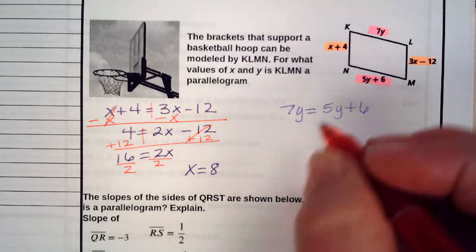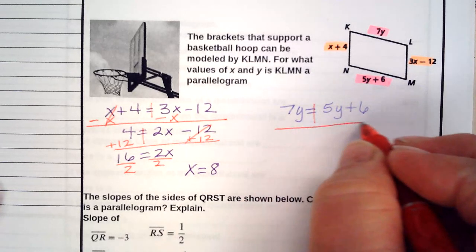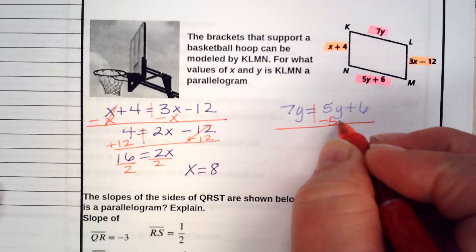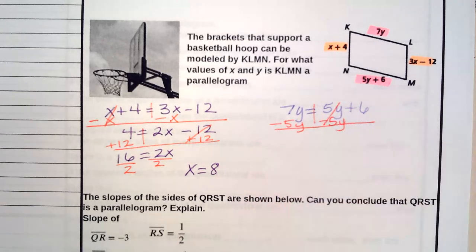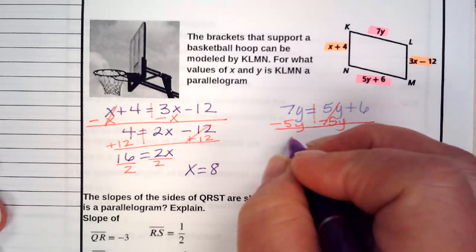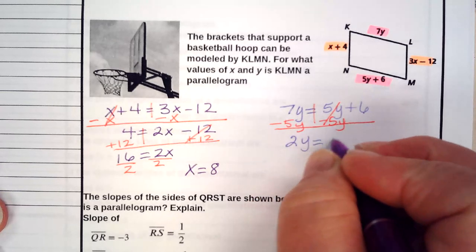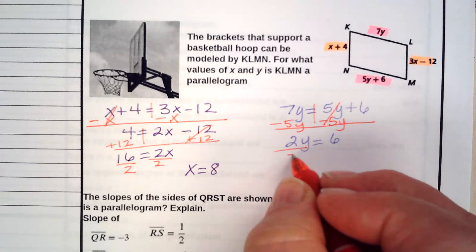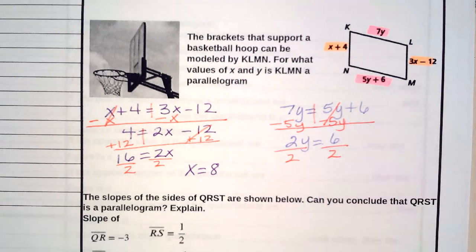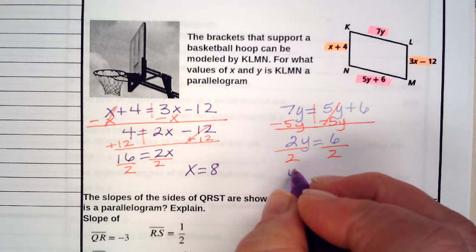I am going to subtract 5y from both sides. 2y is equal to 6. Last step, divide by 2, and y is equal to 3.